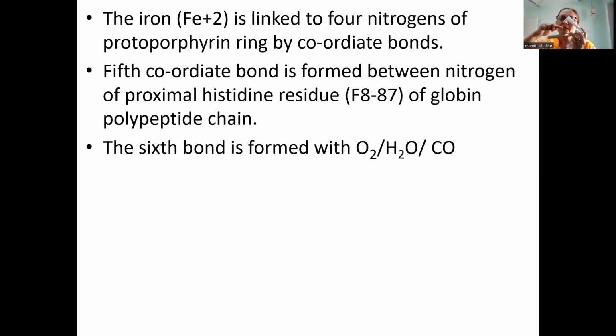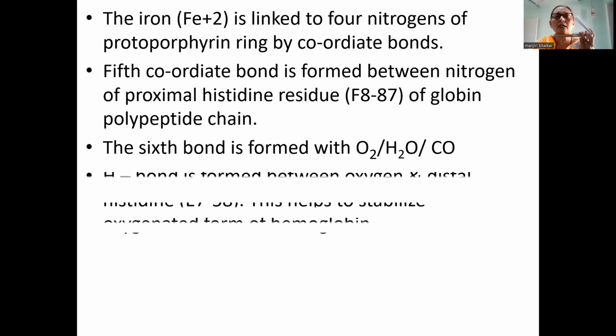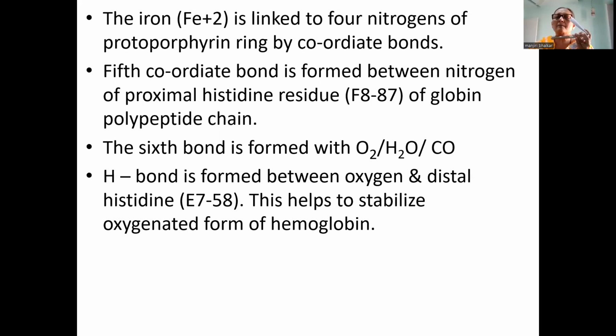Further, this oxygen is also linked to the globin chain with the help of another histidine, which is located on the globin chain at number 58. This 58th histidine is called the distal histidine.